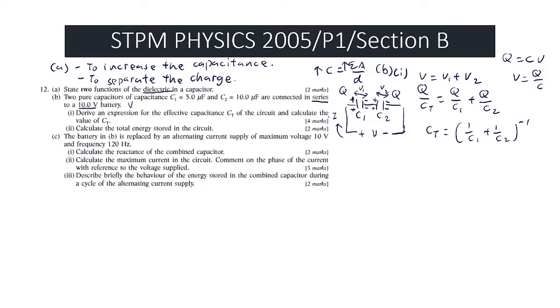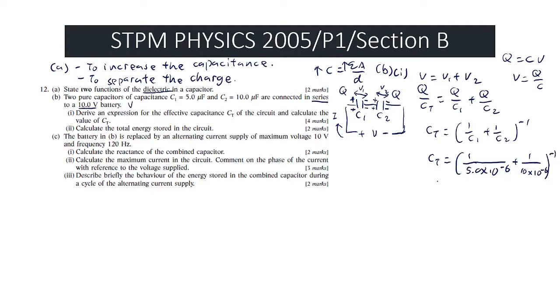Now they want us to calculate the value of CT. So here CT is equal to 1 over C1, so it's 5 times 10 to the negative 6, plus 1 over 10 times 10 to the negative 6, inverse.